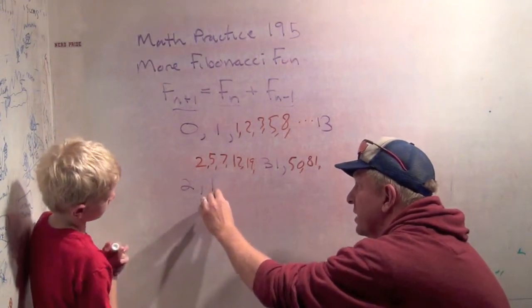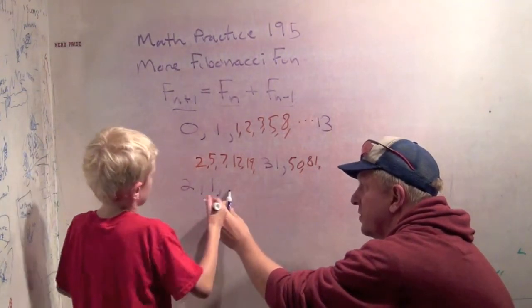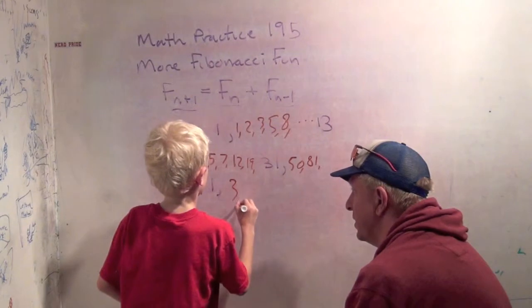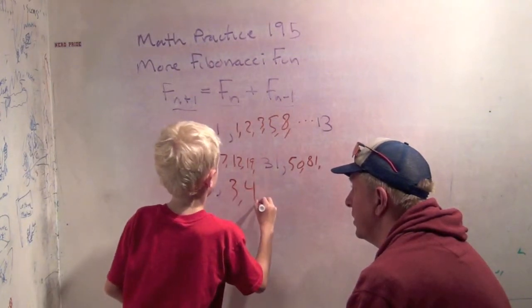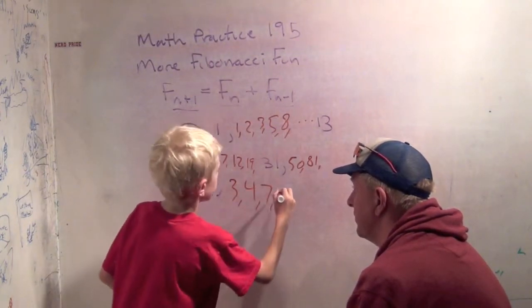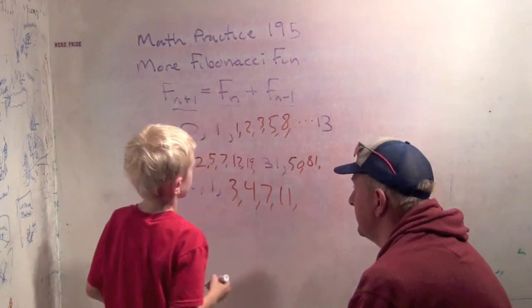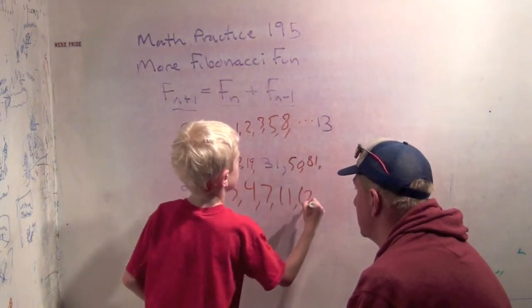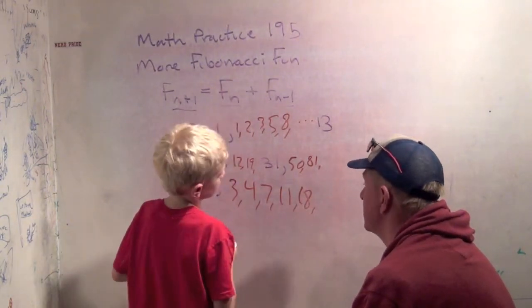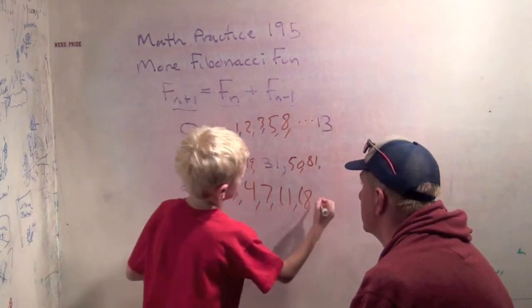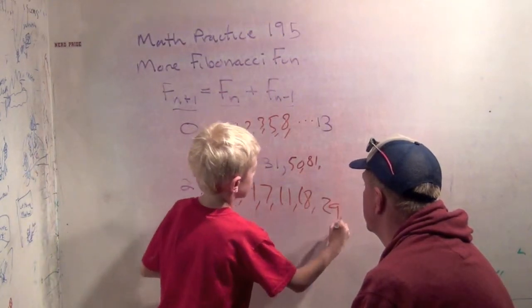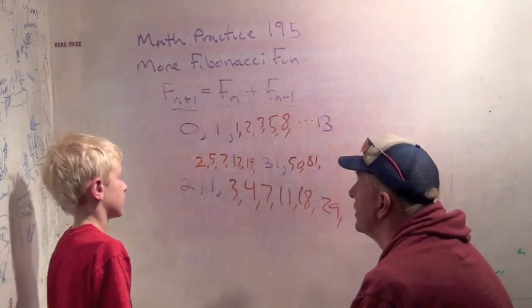And let's see what we get. 2, 1, and then what's the next one? 3. What's the next one? 4. 7. 11. 18. 11 plus 18 is 29. Okay, we can stop there.